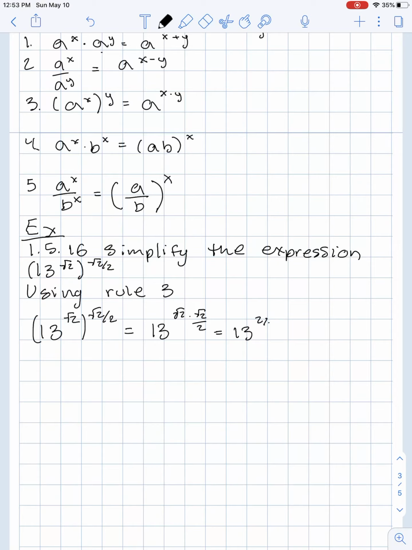Square root of 2 times the square root of 2 is just 2. So I have 13 to the 2 divided by 2. Well, 2 divided by 2 is just 1, so I'm just left with 13. Great.